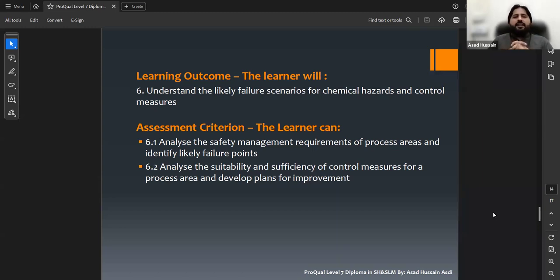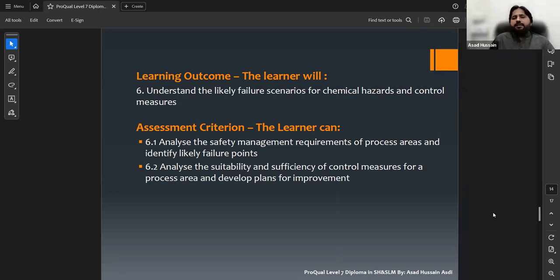The first criterion is 6.1: analyze the safety management requirements of process areas and identify likely failure points. So the first thing is that there is a safety management requirement, or simply you can say an OHS management requirement.